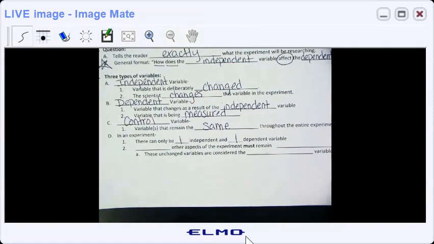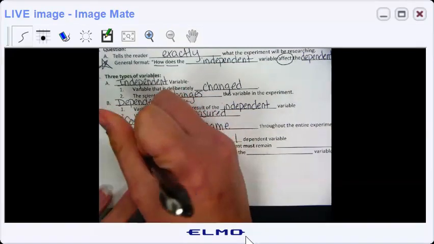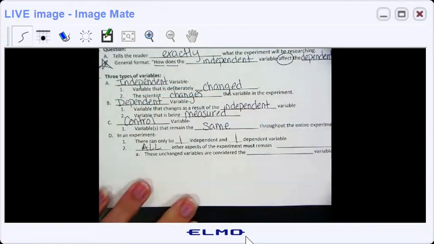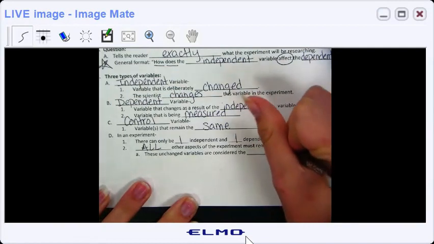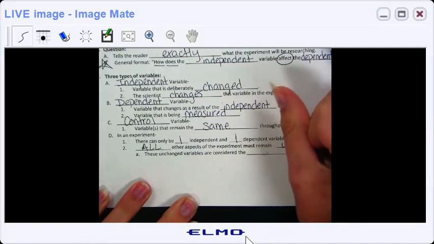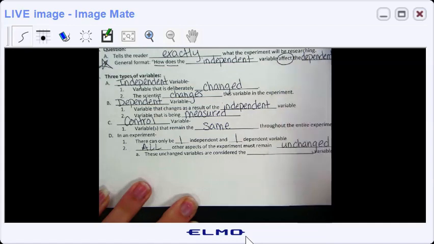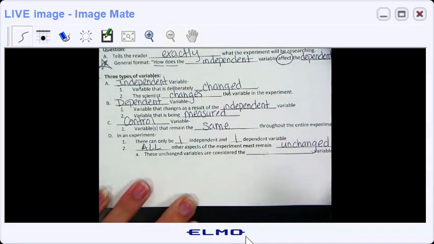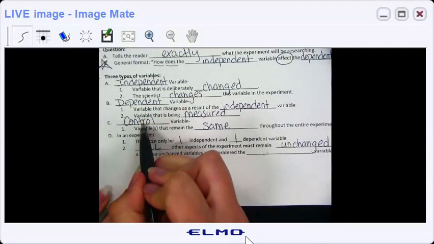Otherwise, you would also get inconsistent results, and you would not understand your results fully, and in the scientific community, they would not be accepted. So there can only be one independent and one dependent. All other aspects of the experiment must remain unchanged. So you have to keep them steady. So these unchanged variables are the controls or the constants.